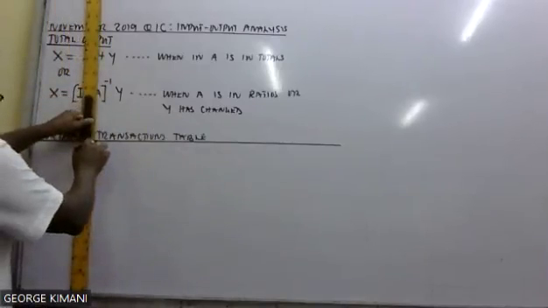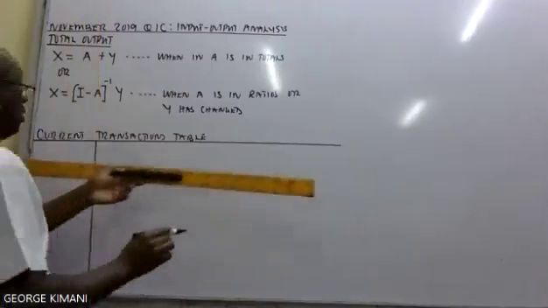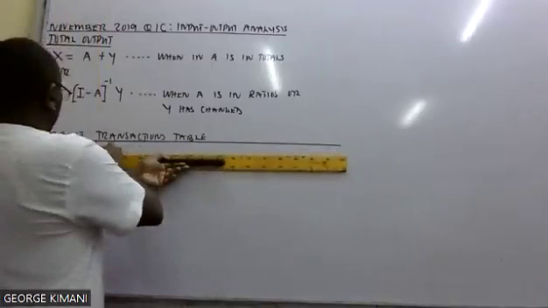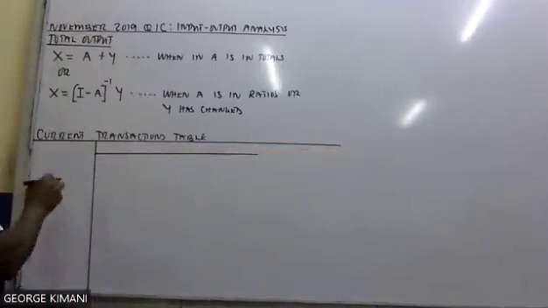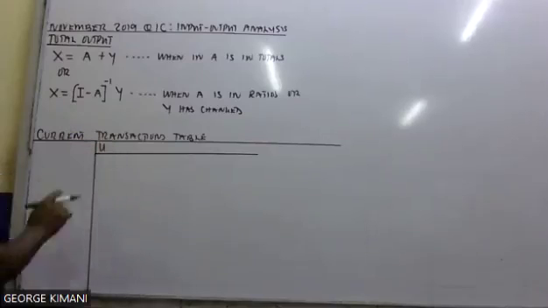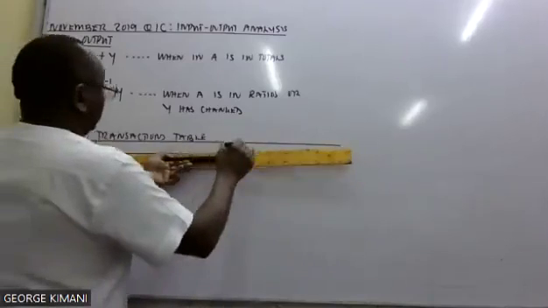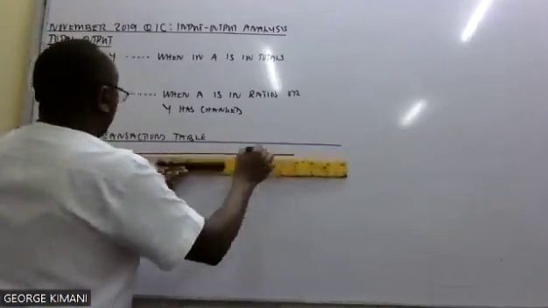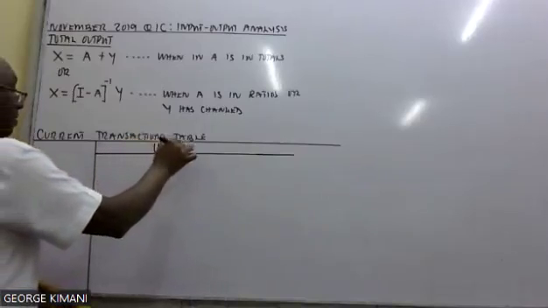In this current transactions table, we have the user here.